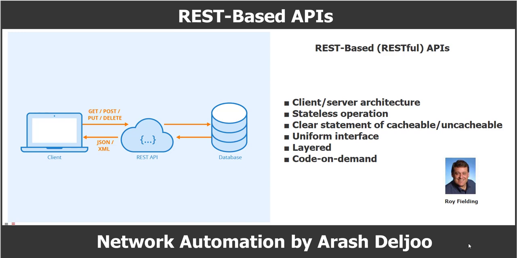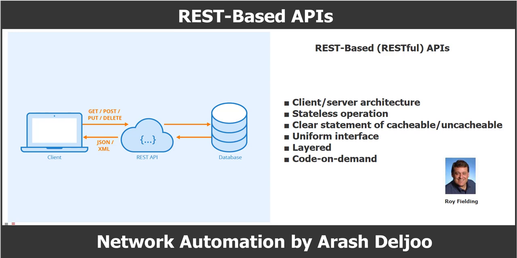Those 6 attributes are client-server architecture, stateless operation, clear statement of cacheable or uncacheable, uniform interface, layered, and code on demand. The first 3 of these attributes get at the heart of how a REST API works.